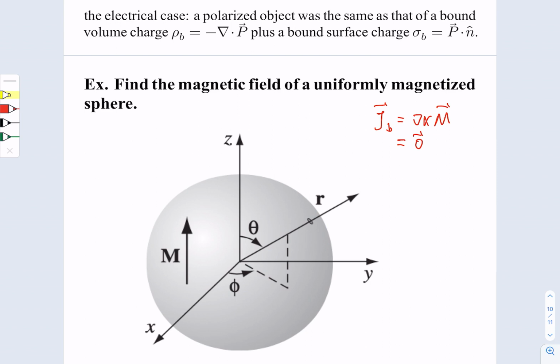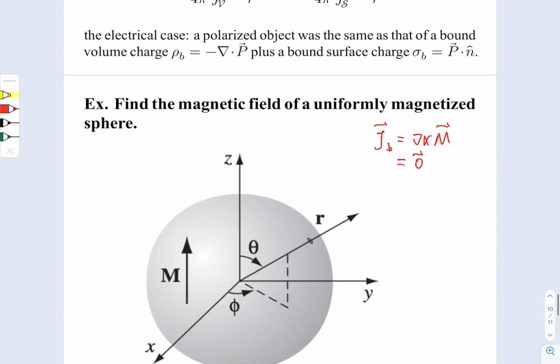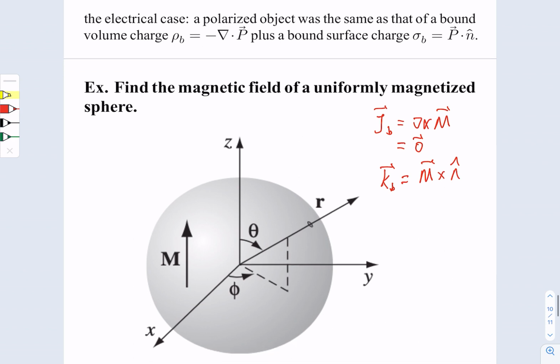Now, to get the surface current, we have to use the M cross N term. So here the bound surface current must be written as K_b equals M cross n hat, where n is the direction of the surface. For the uniform sphere, the surface direction n hat is along the radial direction, along the r hat.